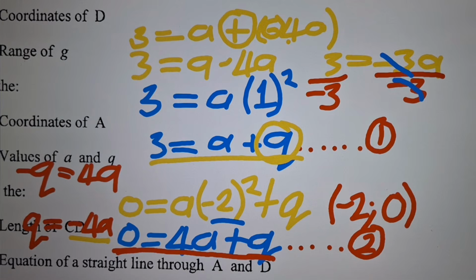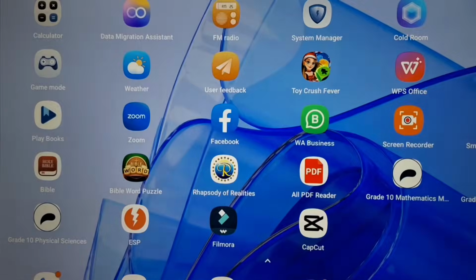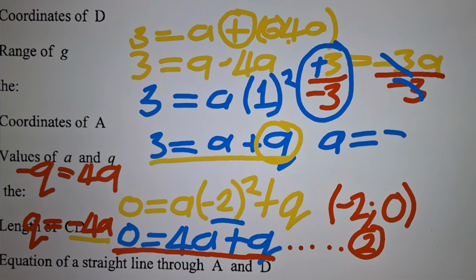So a equals, positive 3 divided by negative 3 will give a negative sign. So I write negative, then 3 divided by 3 is 1. So a is equal to negative 1. Then we are done with a.